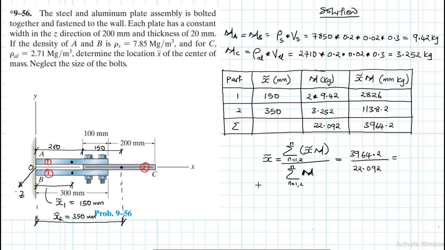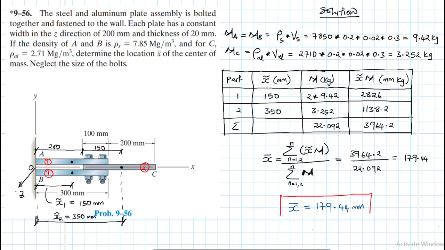Okay, so what does this one give us? 3964.2 divided by 22.092 gives us 179.44. Great. Therefore, x bar is equal to 179.44 millimeters.